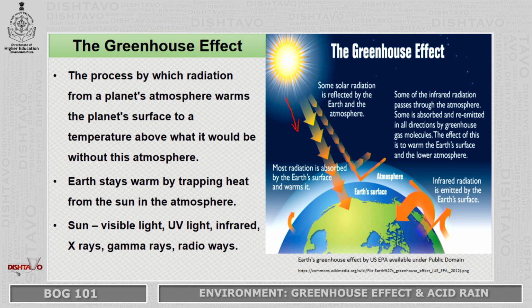What the atmosphere does is, the different layers of atmosphere have these gases which we call greenhouse gases. Some of the infrared radiation passes through the atmosphere. Now this infrared is reflected by earth. Once the heat energy comes to earth, it reflects back infrared radiations.